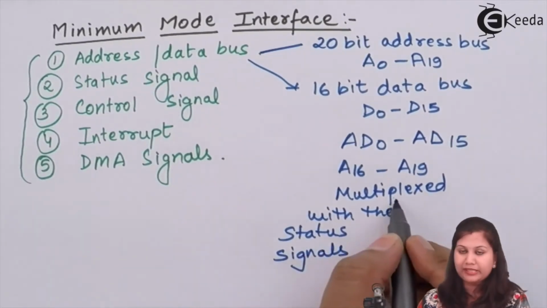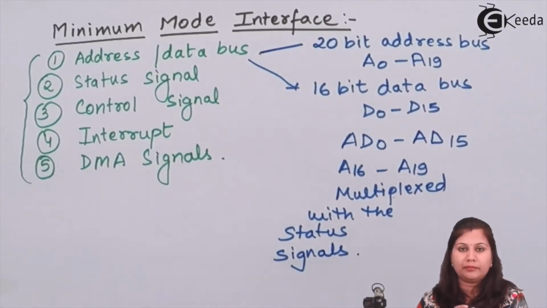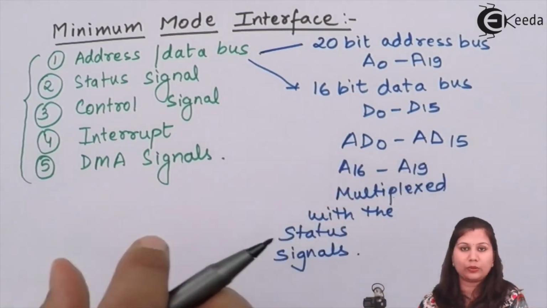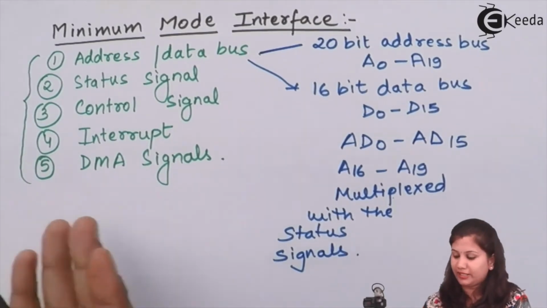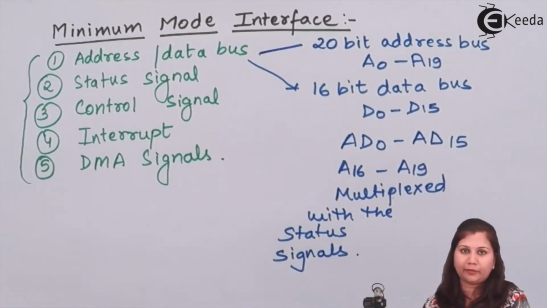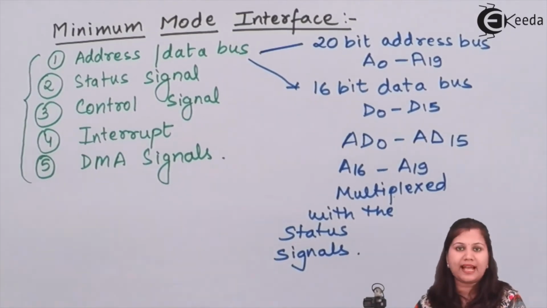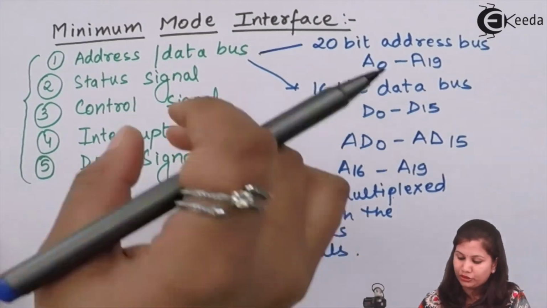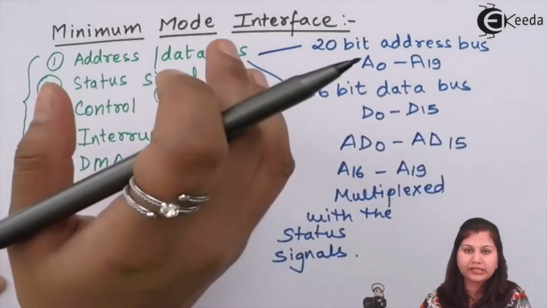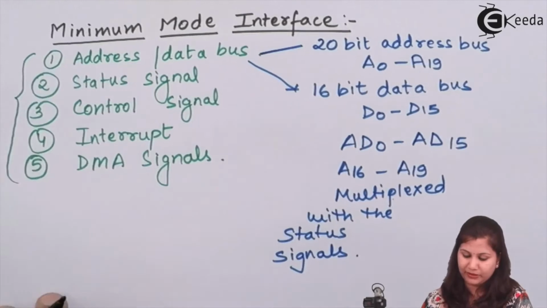The word multiplexed means that during the machine cycle, during the T1 state, this bus is going to act as an address bus, and during the T2 state, it is going to act as a data bus. So the same bus is acting as the address bus and the data bus. So these are the address and the data bus of the 8086 microprocessor.